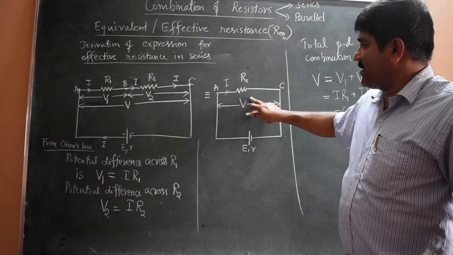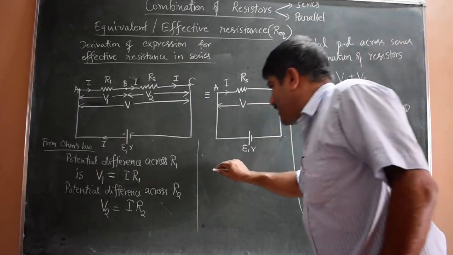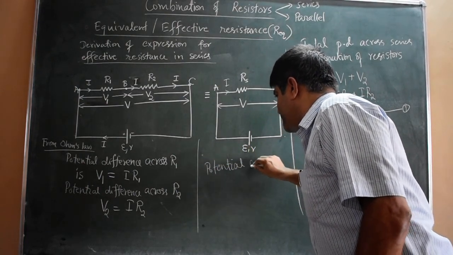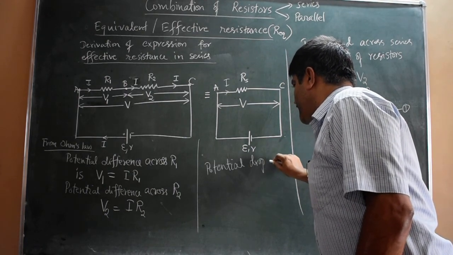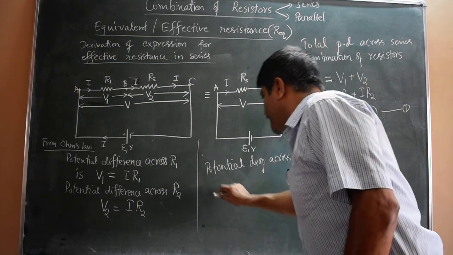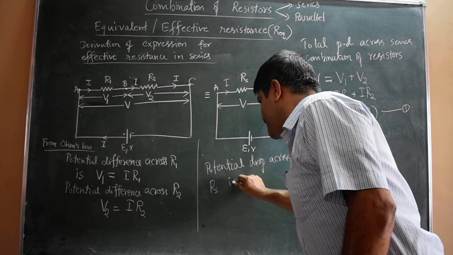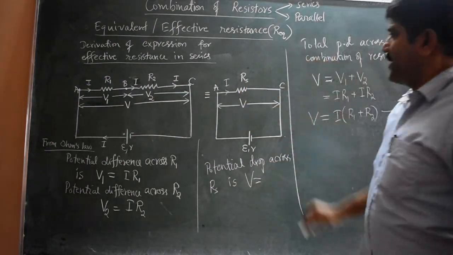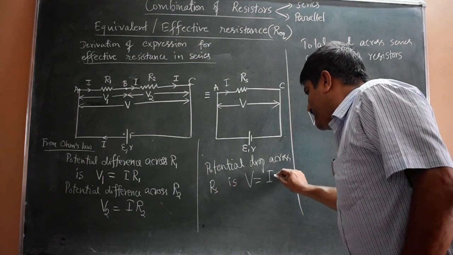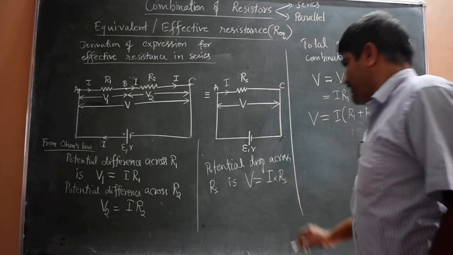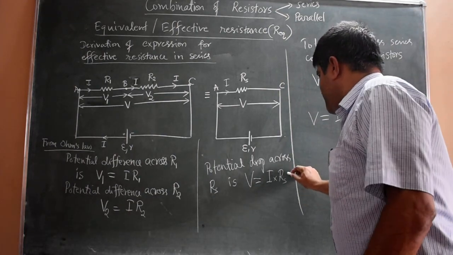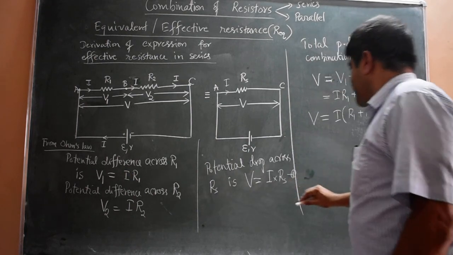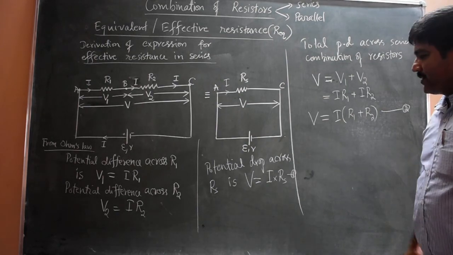So the potential difference across the equivalent resistance RS is V, the total PD, equal to I into RS. This is equation number 2. This is 1, this is 2.